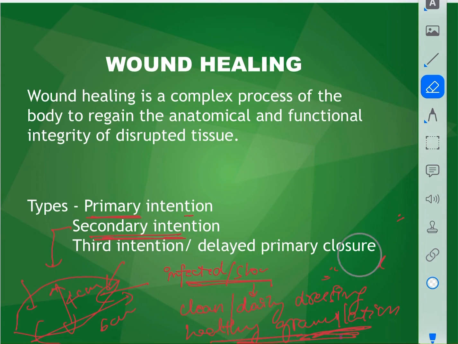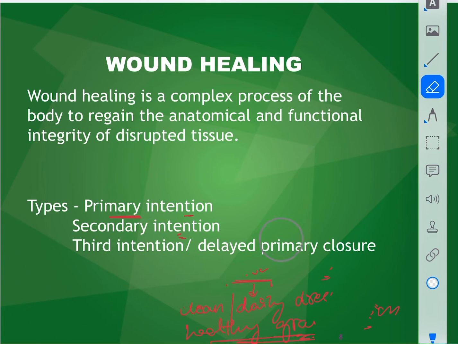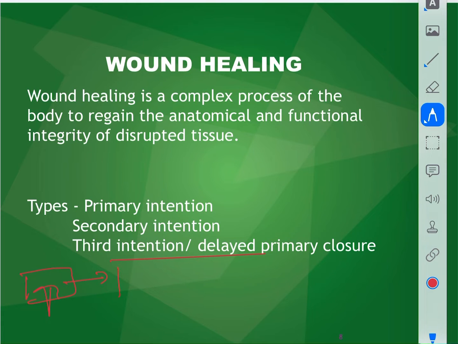Okay, next, what is healing by tertiary intention or delayed primary closure? This means that initially the wound was unhealthy, that's why you let it heal by secondary intention, and you are allowing the granulation tissue to develop. Now the granulation tissue has developed, and the wound looks very nice, red and healthy. Okay, now what do you do?